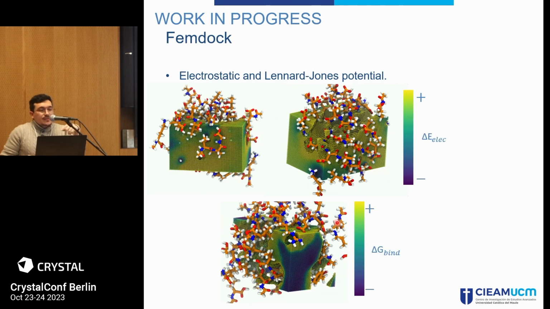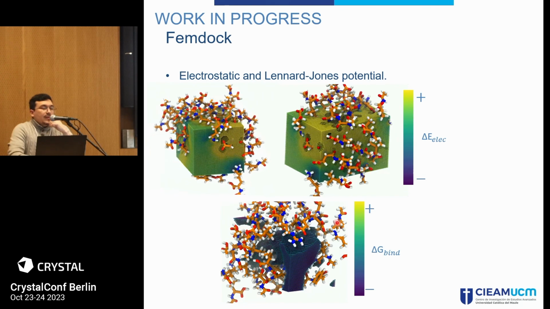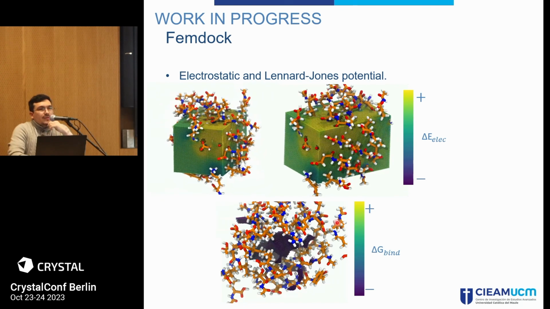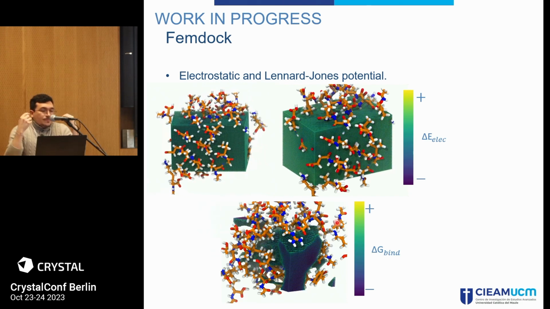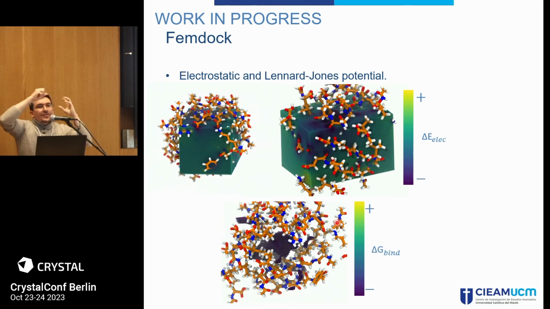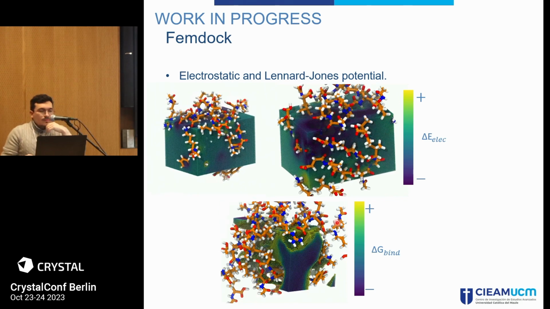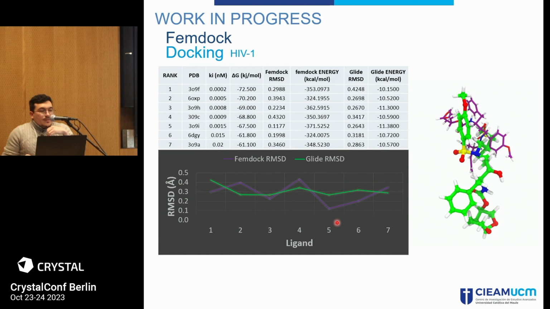So we generate these 3-dimensional maps. This is the potential energy, the electrostatic potential. It's a kind of interaction maps. And then we use these maps to test all the molecules inside them. So for instance, here we work with a protein, the HIV-1 protease.